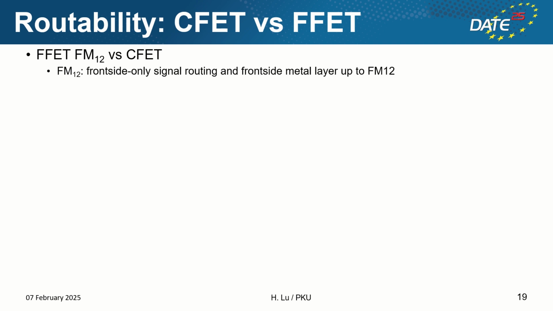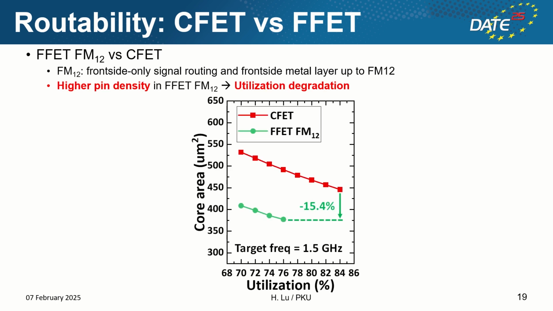As a contrast, if we use frontside only signal routing in FET, there will be higher pin density compared to the CFET on the front side, and the maximum utilization degrades below CFET's max utilization. So the FET needs dual-sided signal routing to realize its full area scaling potential.